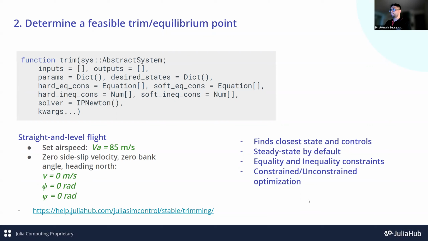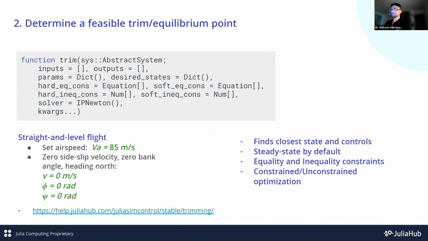There is also the opportunity to put in a set of hard equality and hard inequality constraints. The internals of trim are that we find the closest state and controls to the user desired states.